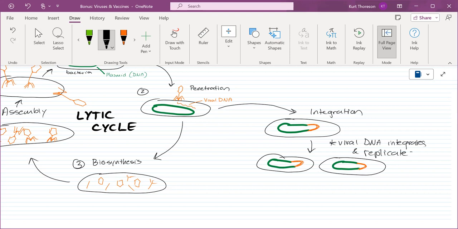The viral DNA integrates and replicates. Then you go back to stage 3, where it can stay there forever.